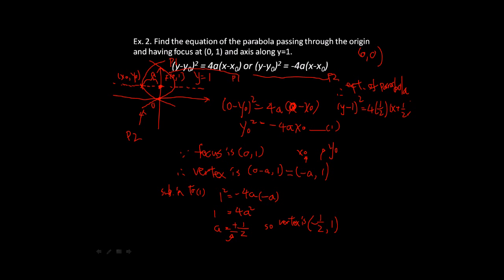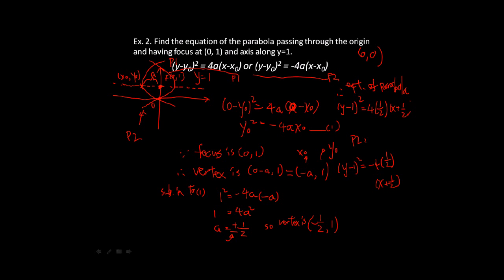Now you can do a similar thing on P2, and in fact you don't have to do anything special, you just plug in and then you will get the exact same thing. So for P2 we will have y minus 1 square, the same thing, equals, now this time we have the negative sign, so negative 4 times half, times x plus half. So here the answer for this question is not unique. We actually have two parabolas satisfying this condition.